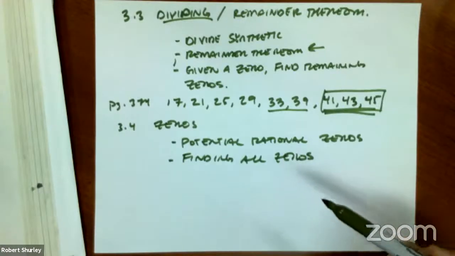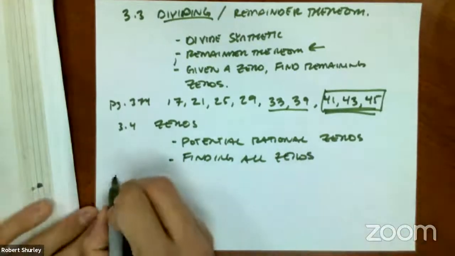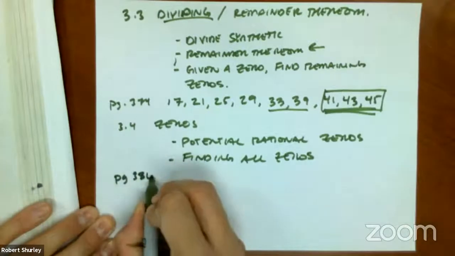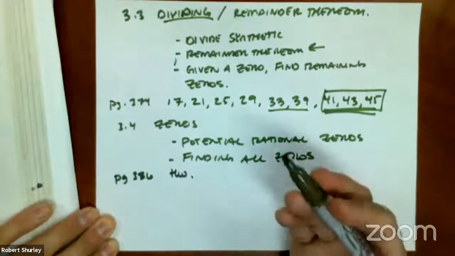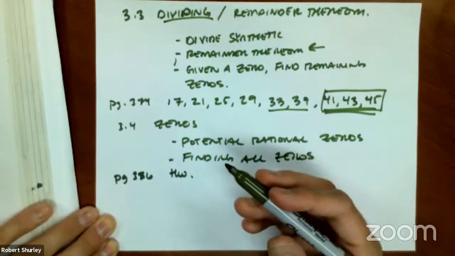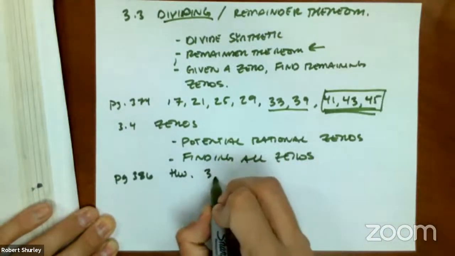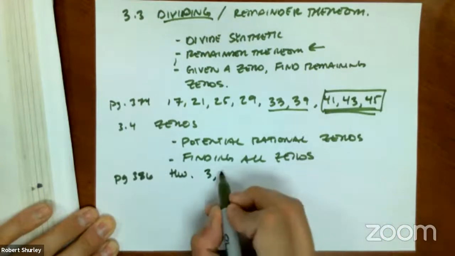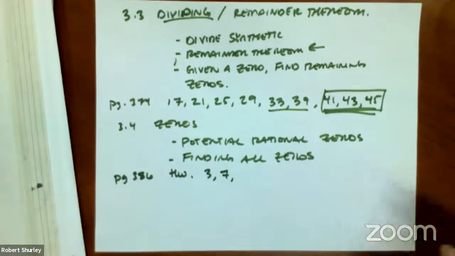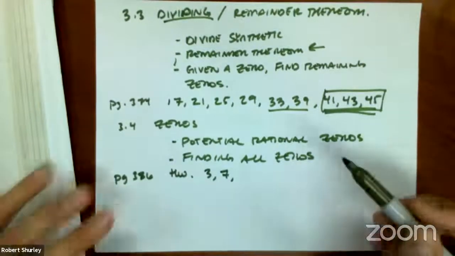But for the homework, from this section, it's on page 386. The ones I would focus on, first, it's just finding the rational zeros. So let's say number 3 and number 7. And then the rest is just going to be finding all the zeros or roots or solutions, however they want to say it.